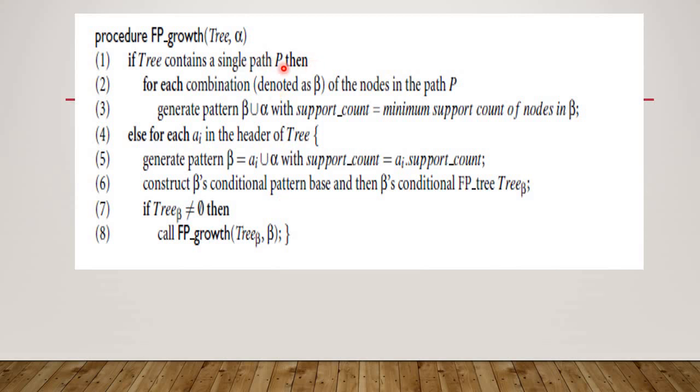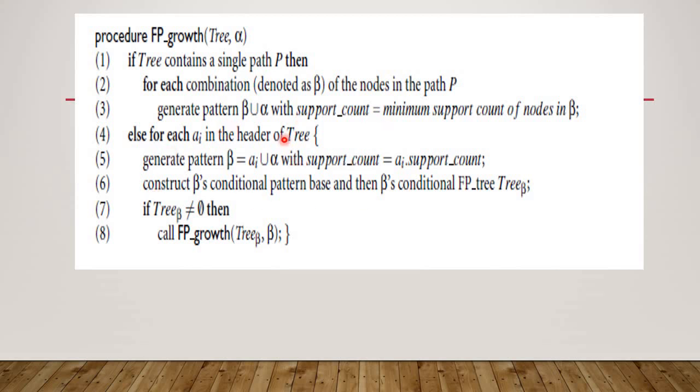So if the tree has a single path, then for each combination denoted as beta of the nodes in the path, the bottommost node, if you take it as beta, generate pattern beta union alpha. That is, the sub path that is present above beta will be considered only if its support is greater than or equal to minimum support, and its support count will be initialized to the minimum support count of the nodes in beta.